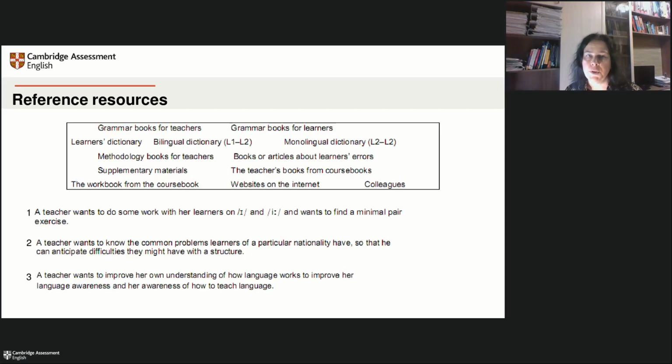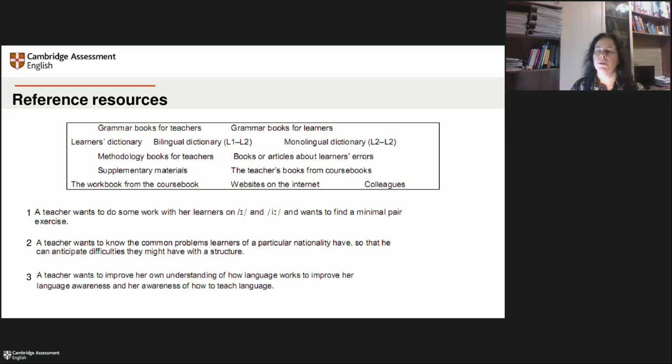I like the idea of using dictionaries. You can use the internet to find out, yeah, methodology books. Absolutely right, yeah. Like Smith and Swan, Learner English, for example. Yeah, definitely.